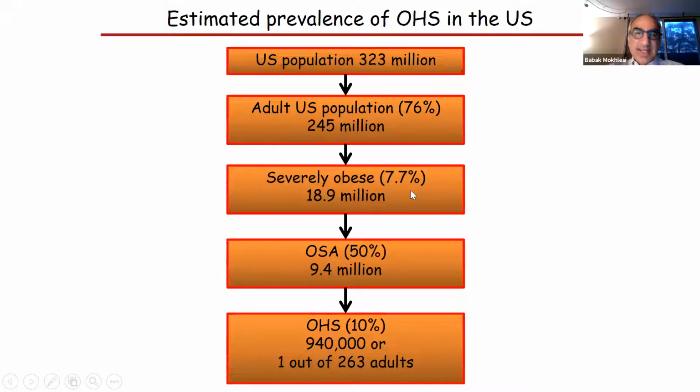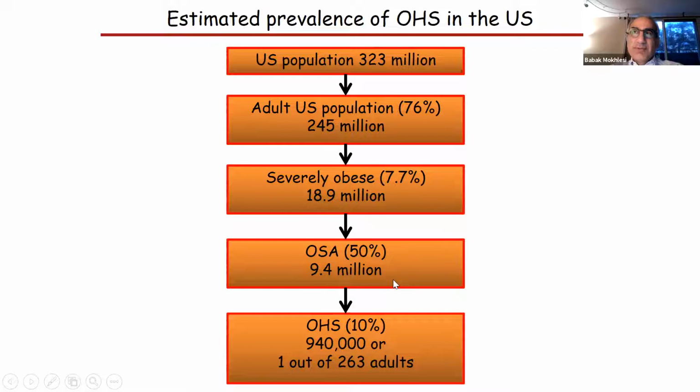If you believe the CDC data, 7.7% of the population has BMI above 40. That'll take you to 19 million people. If you say conservatively, of these individuals who have a BMI above 40, half of them have AHI above 5, you could argue more, but let's say half to be conservative. That's 9.4 million.